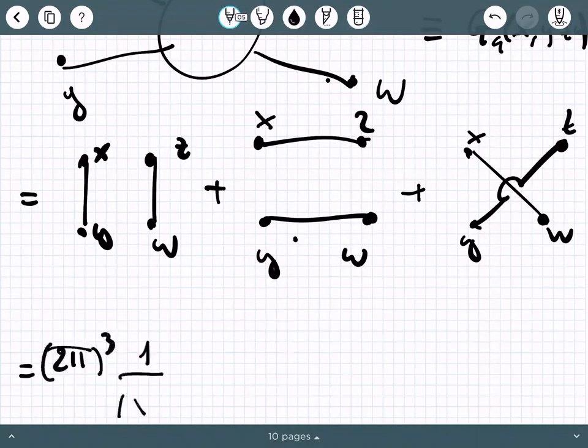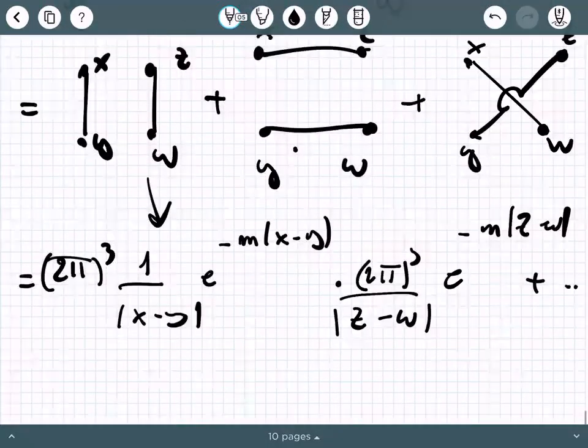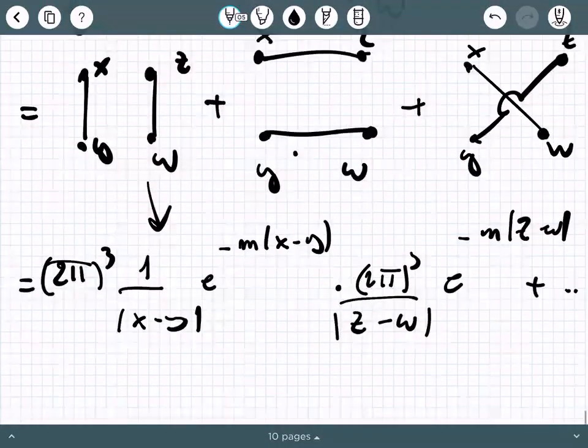And this is e to the minus m |x minus y| over 2 pi to the 3rd, times e to the minus m |z minus w|, plus all the others. This is just this term, right? So eventually I have an analytic expression that I can write and get a number out of it. That means calculating the 2-point function, right?